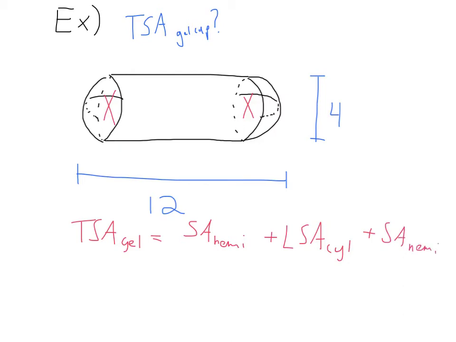So I kind of oriented this like the three parts: hemisphere, part of a cylinder, hemisphere. I've got my three pieces right here. And so really, put those two hemispheres together, and you have the surface area of a sphere plus the lateral surface area of the cylinder. Those two parts together make up the total surface area of this gel cap.